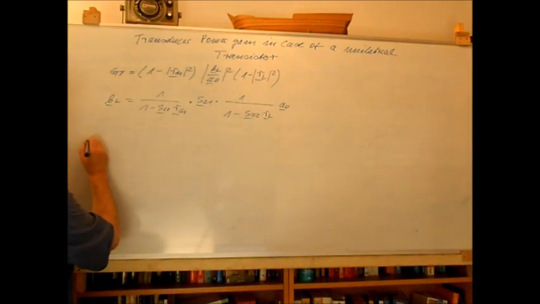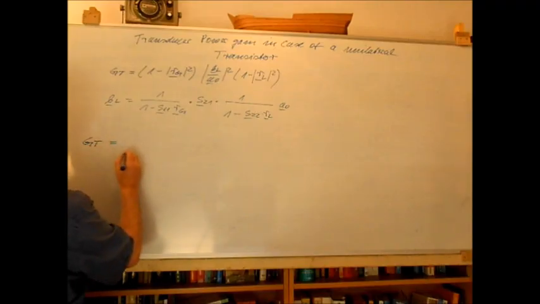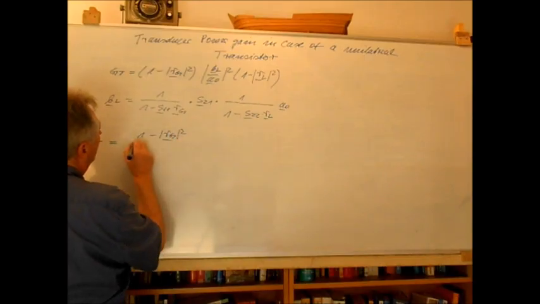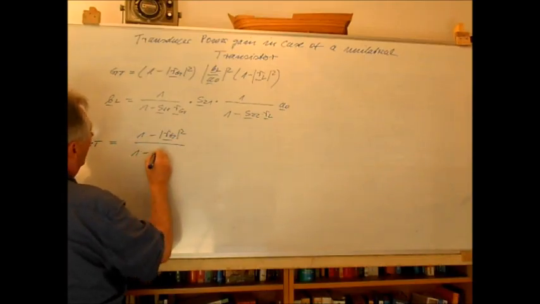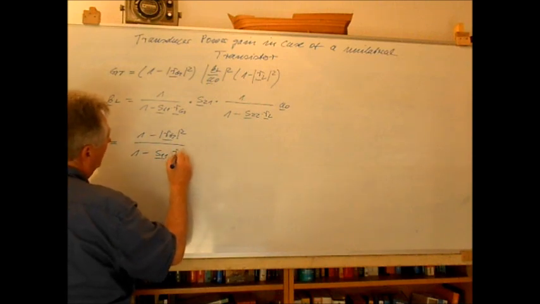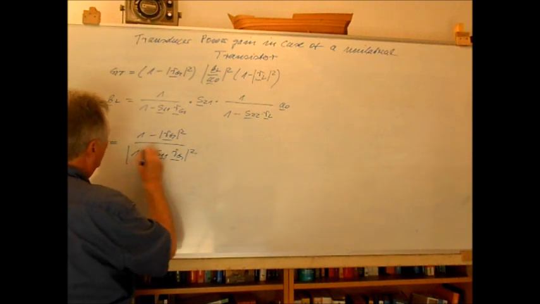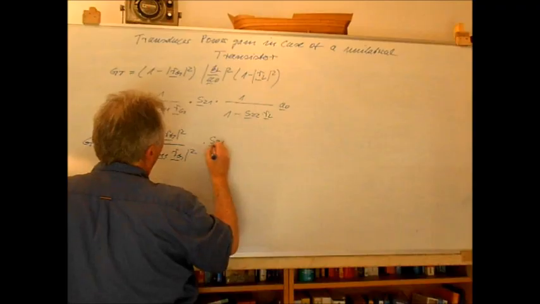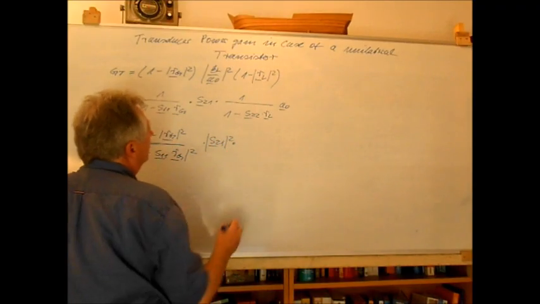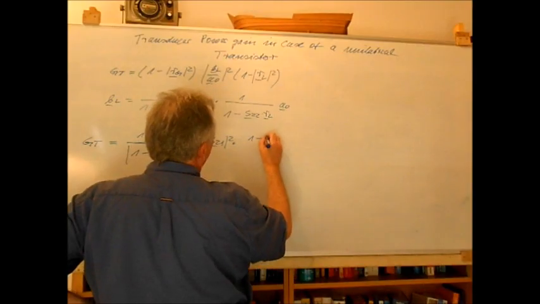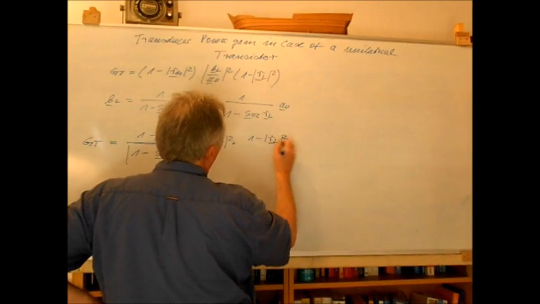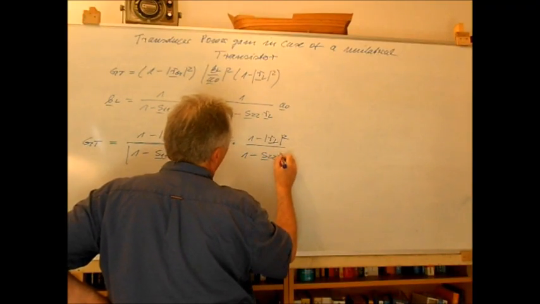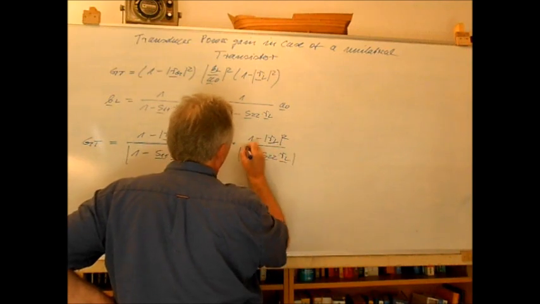And so we will get GT will be 1 minus RG absolute value squared divided by the first term, 1 minus S11 times RG, now here absolute value squared, and of course then times S21 absolute value squared times, and now you have here 1 minus RL absolute value squared divided by 1 minus S22 times RL absolute value squared.